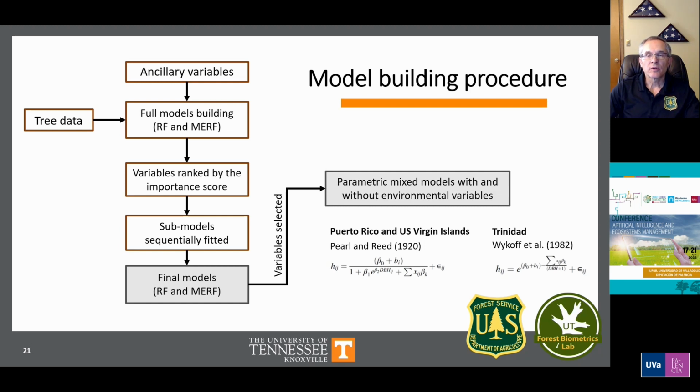We then used that subset of variables to build parametric models with and without the environmental variables, something we needed for some practical applications in the future. And we found that two model forms, one for Puerto Rico and the US Virgin Islands, and another for Trinidad, work best for building parametric mixed models.